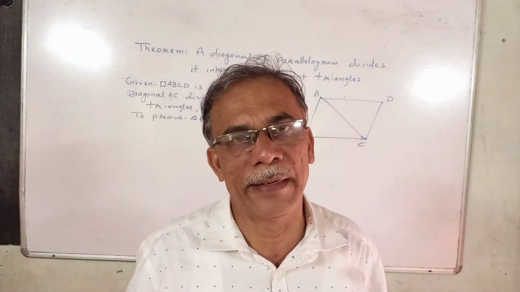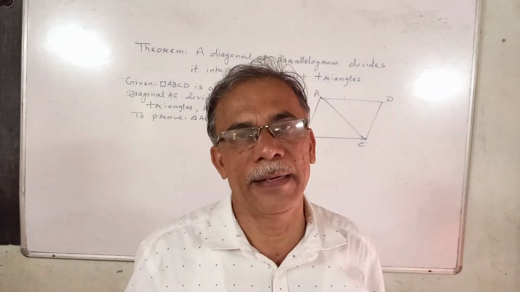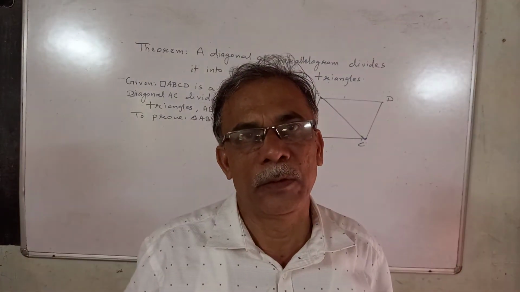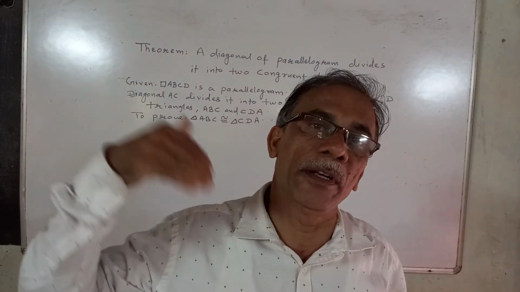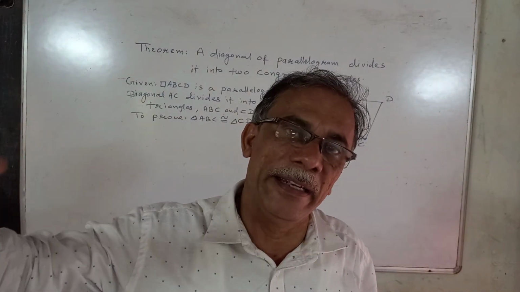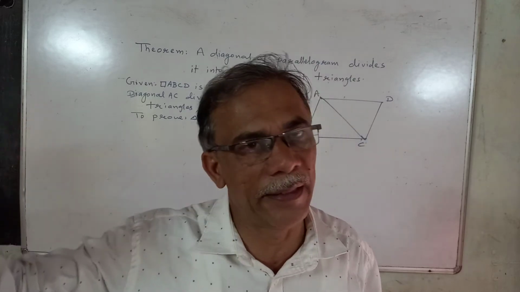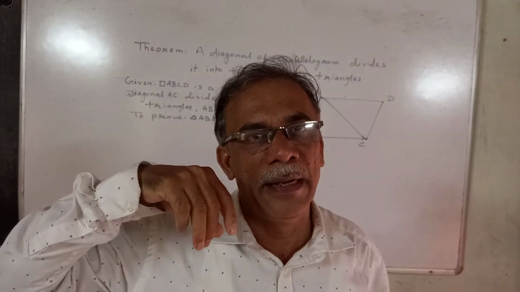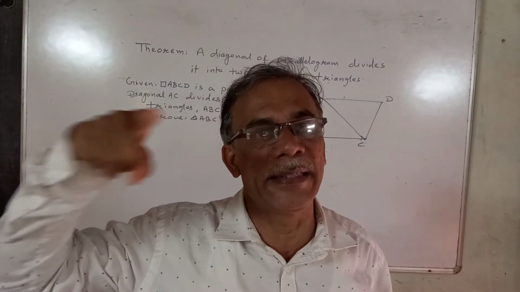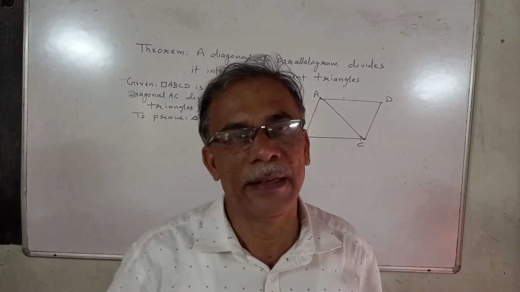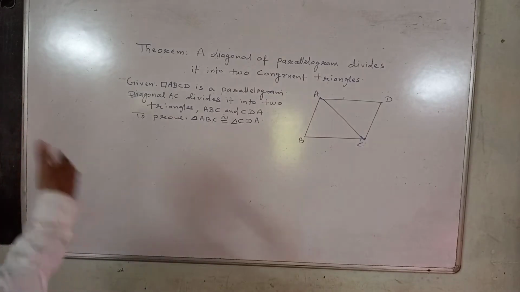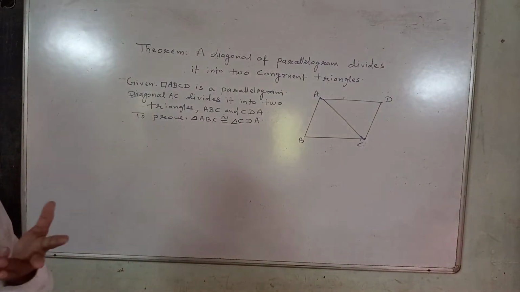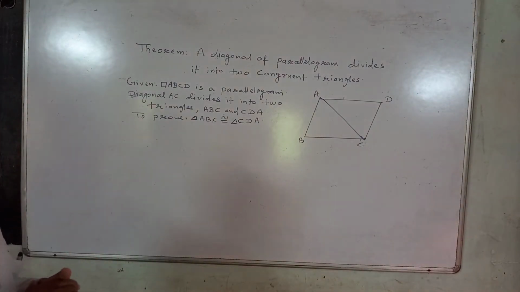Then one more criterion, side angle side: two sides and the angle included between them equal the corresponding two sides and included angle of another triangle. And then the ASA criterion is also there. Now we have to see, can we apply any one of the criteria to show these two triangles are congruent?